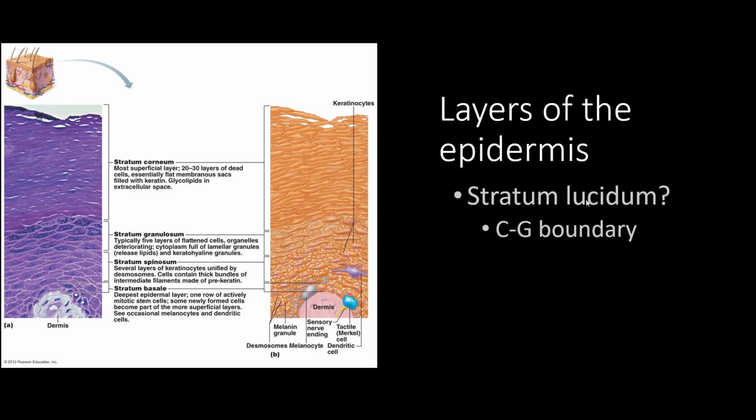And in most of the body, the layer itself is so thin, we really don't see it under a microscope. Here in this image, we really can't see it. It would be right here, but we don't see it. The only places that it's thick enough to be seen are in the palms of the hands and the soles of the feet. Those two places, it's very, very thick and we can see it in a microscope, but most places we cannot.